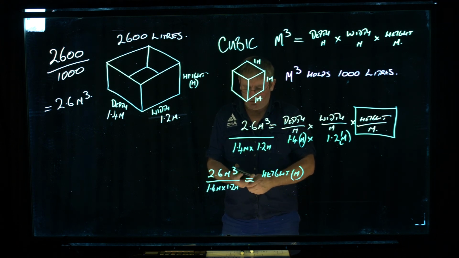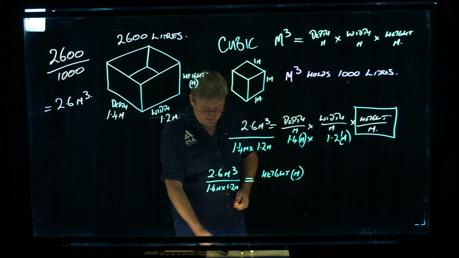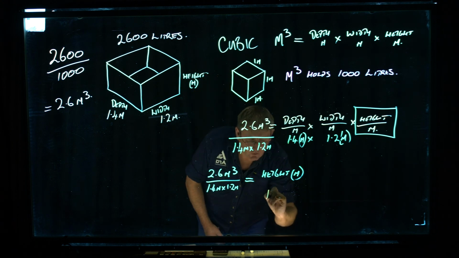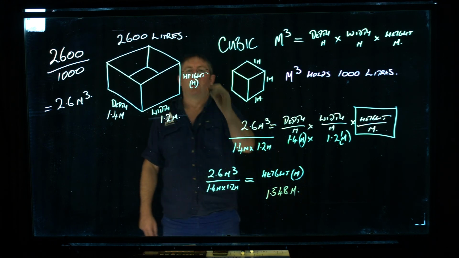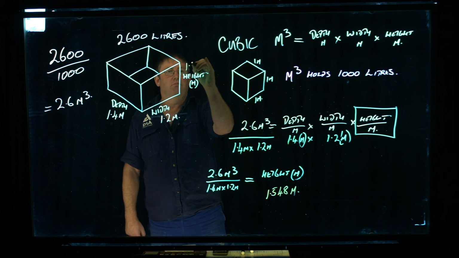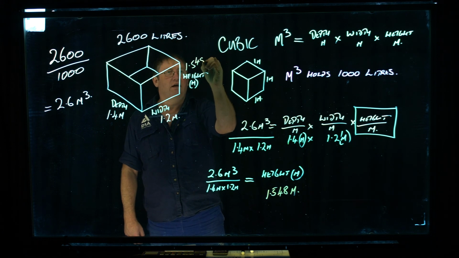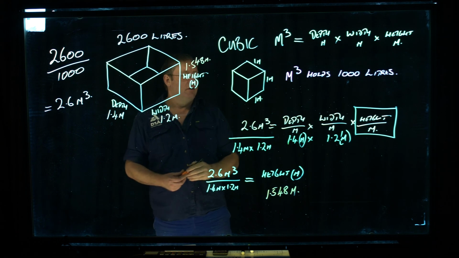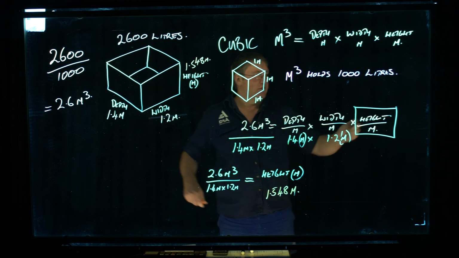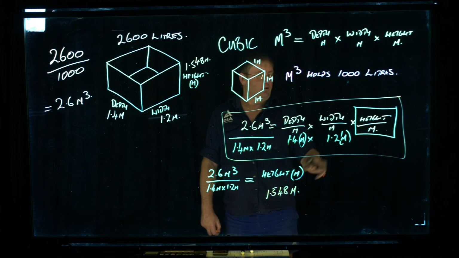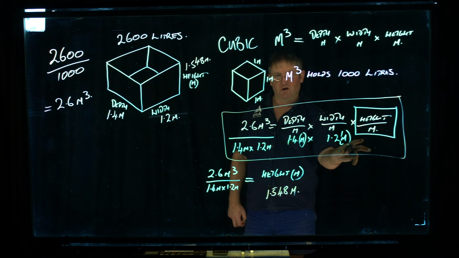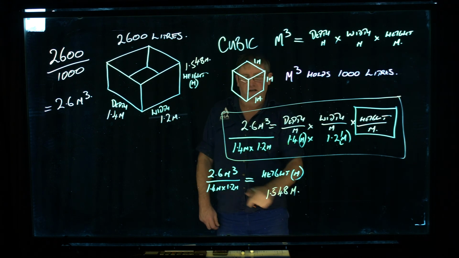And what it leaves us with for the height is 1.548 metres. So the height of this tank would be 1.548 metres. So I've transposed the formula in this area here to identify the height on one side and get everything else back over to the other side.